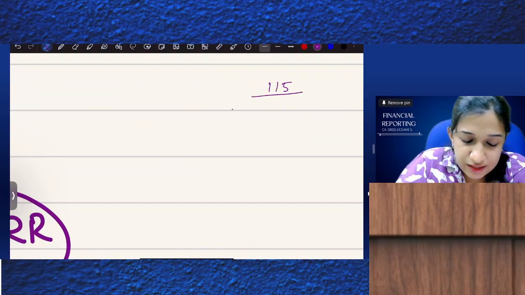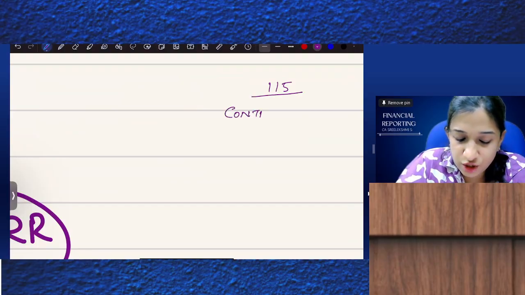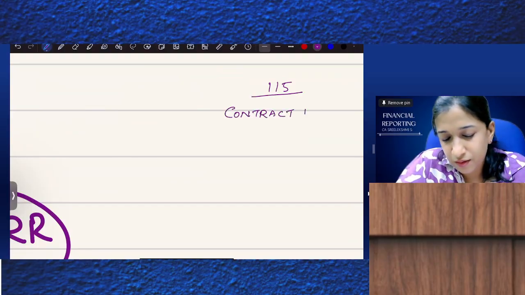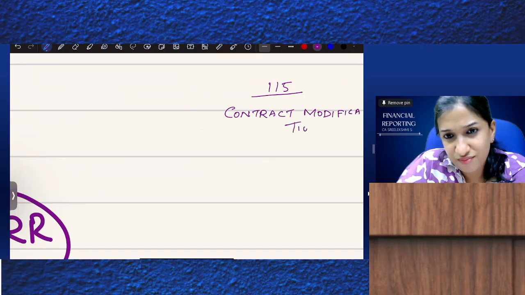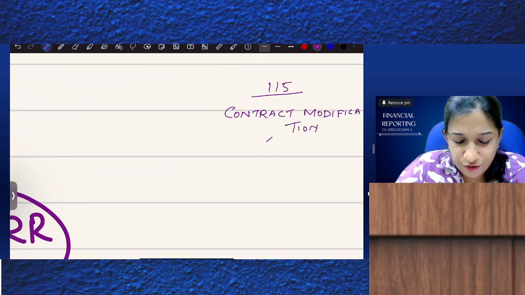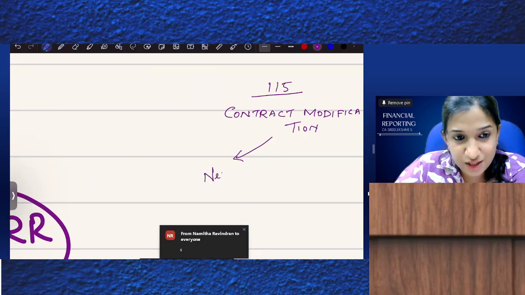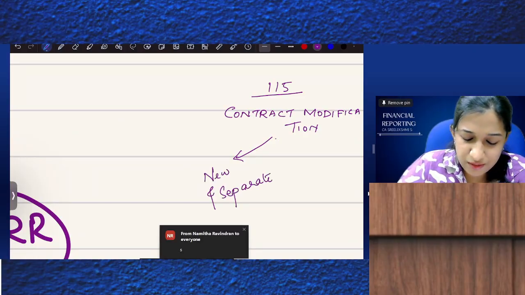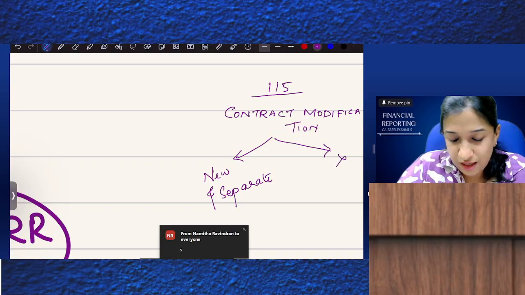There is contract modification. Yes or no? When there is a contract modification, we treat it as a new and separate contract, or sometimes we do not treat it as new and go for the cumulative catch-up method.